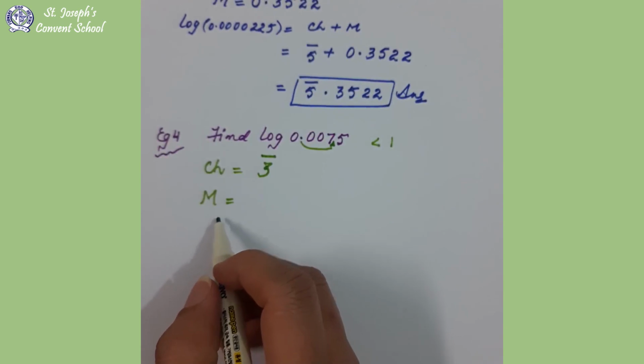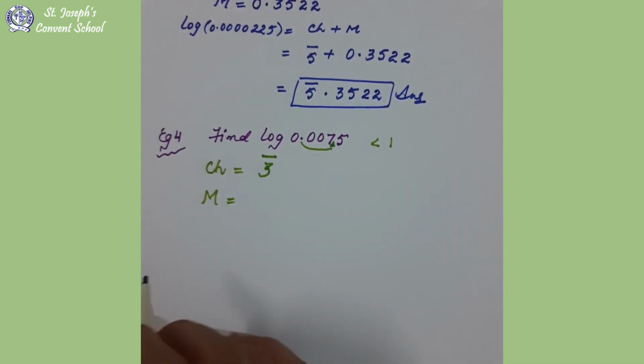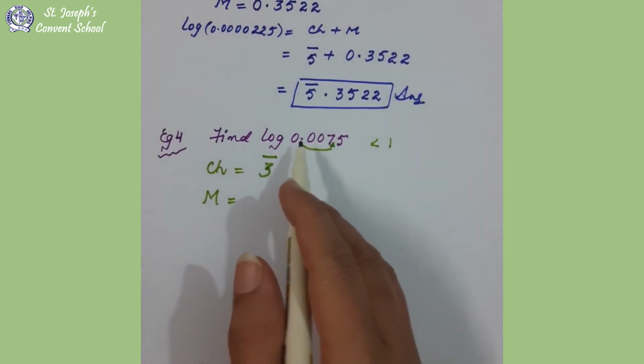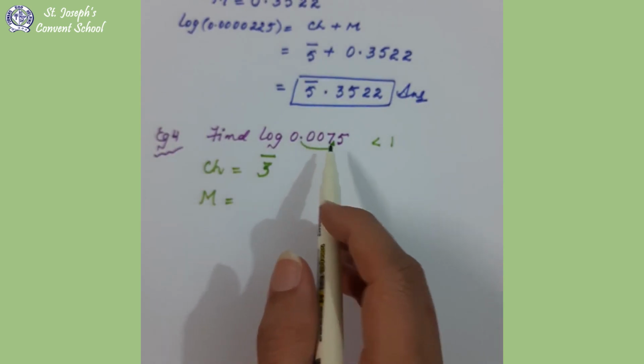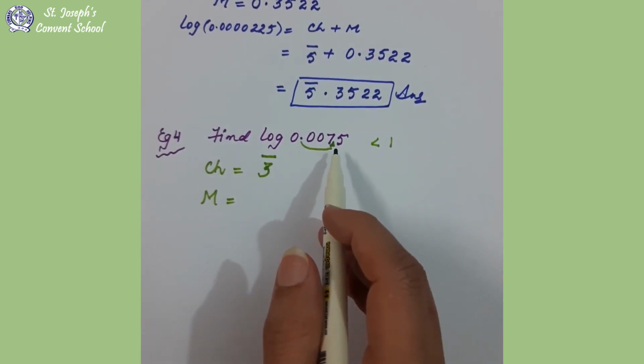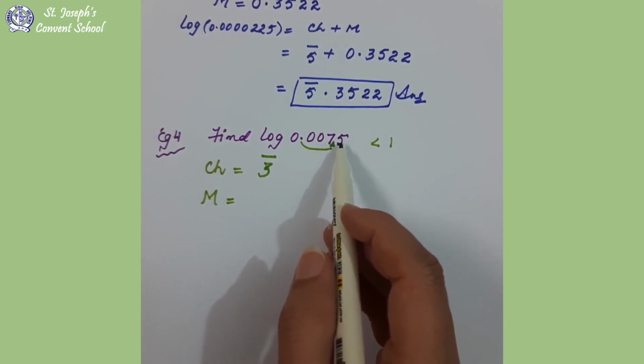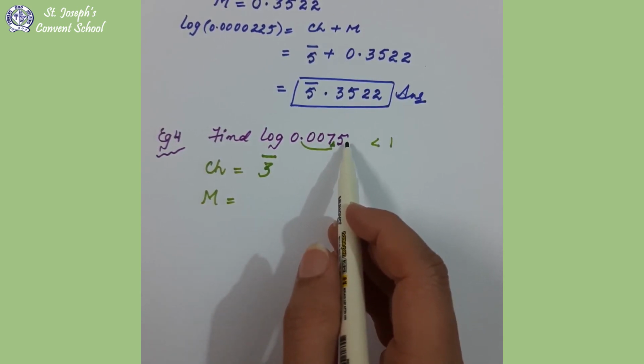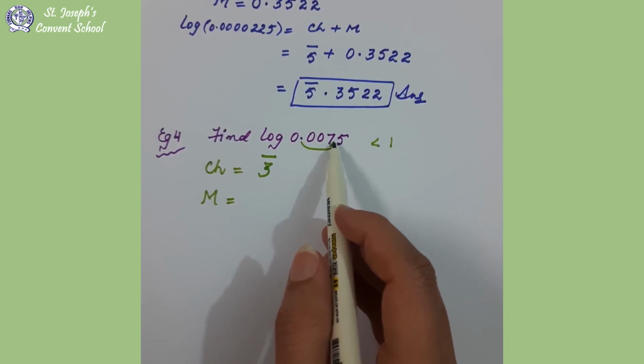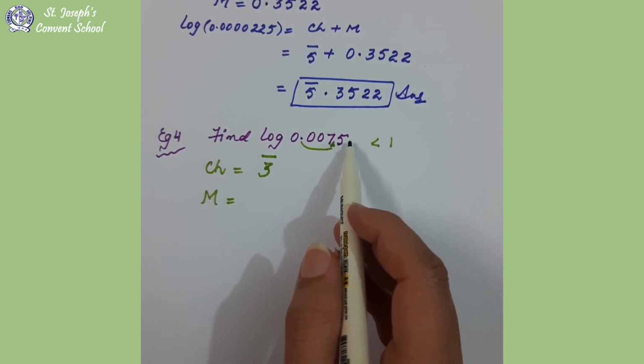Now the next step is to check the mantissa in the log table. So ignore the zeros, you cannot check 0. We will take 75, and 75, where to check? After 75 it is understood that 0 is there. So we will check 75 in column 0.